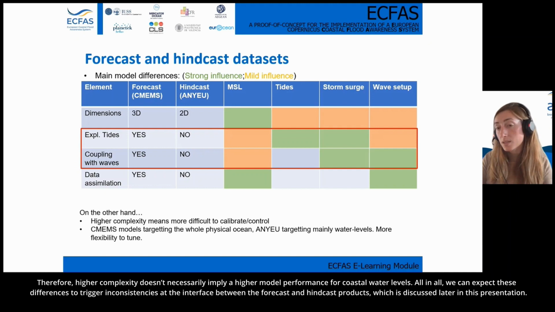Therefore, in this case, higher complexity doesn't necessarily imply a higher model performance for coastal water levels. All in all, we can expect these differences to trigger inconsistencies at the interface between the forecast and hindcast products, which is discussed later in this presentation.